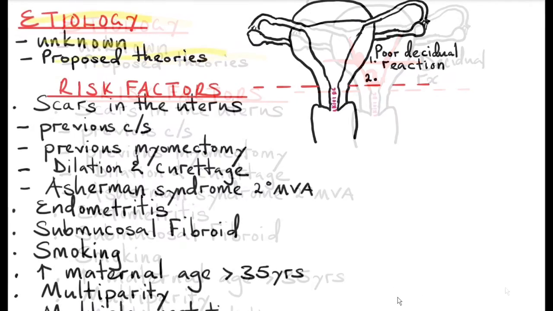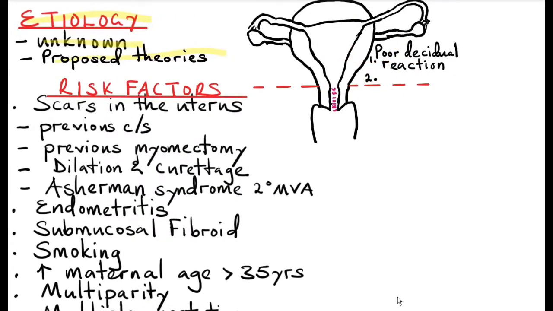The other theory is that you might have a big placenta, a big surface area of the placenta, like in multiple gestation, let's say in twin pregnancy. So the placenta enlarges to accommodate the twins. So it might carry on to look for space to attach into the lower uterine segment.